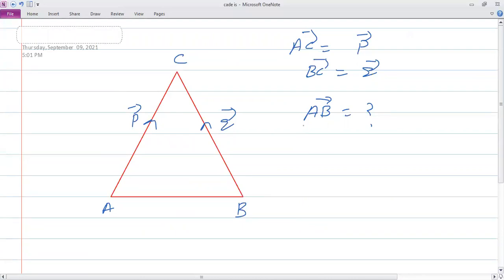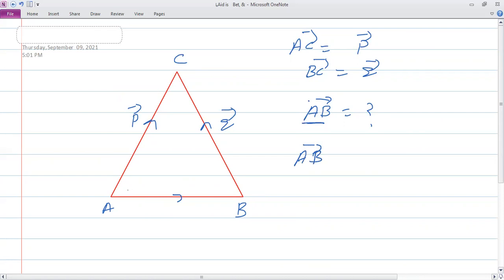Now see, you have to find the vector AB. It means you have to start from A and end at B. One way is you can move directly from A to B. But moving directly will not give us AB here, so you will not go directly, but you will take the other path.